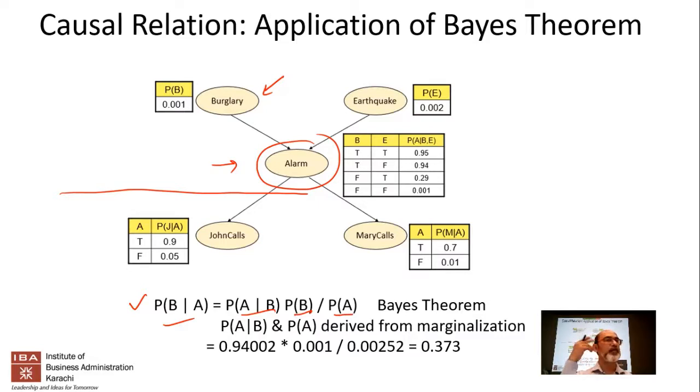So you're trying to determine the cause of the call. Maybe you got a missed call from John, right? But now you're a little concerned. Was there a burglary in my house, or was it just an earthquake? You're in Stanford, so the probability of earthquake is very high, burglary is low. This is different from the earlier example, which was Karachi, but here this is like something in the US. In Pakistan this would definitely be much higher.